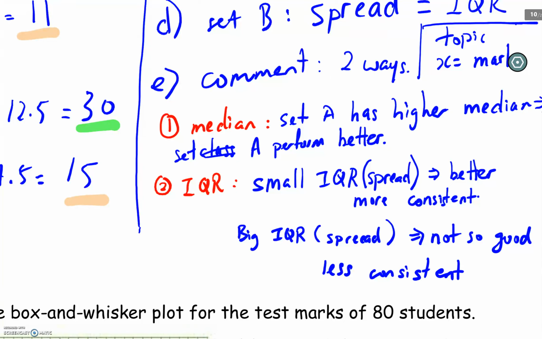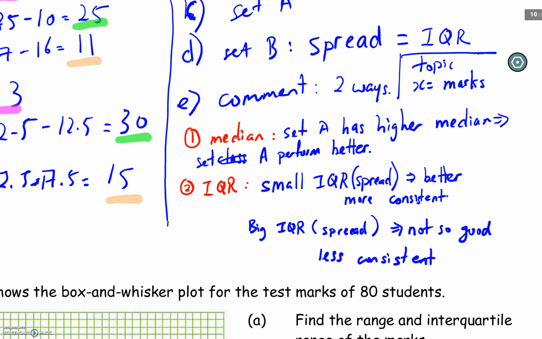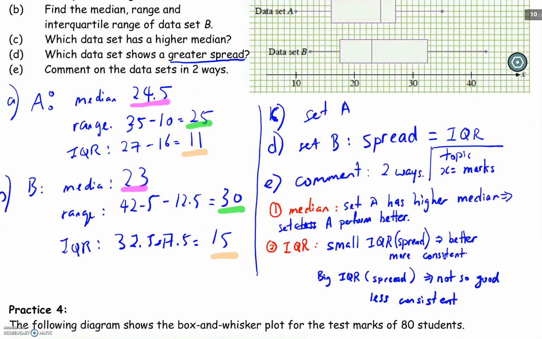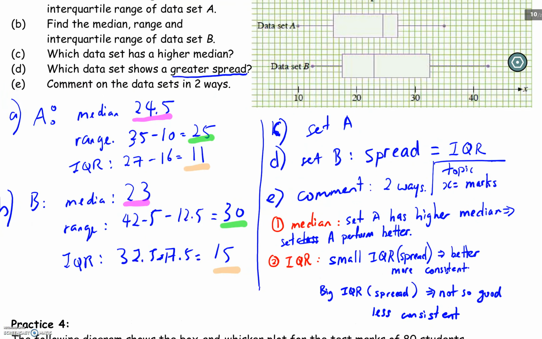But in this question particularly, it's very difficult to say who is no good. Now you look at the spread, right? Which one is better? It seems like class A is better. But if I look at the marks, if you are a teacher, do you prefer to have set B or set A? Set B seems better, right? Because set B, all of them are towards the other side. Even though a bigger IQR, but it's towards the other side.